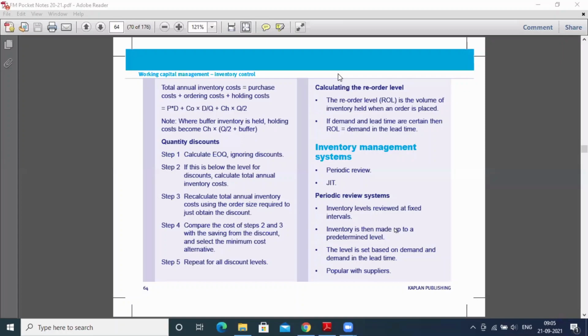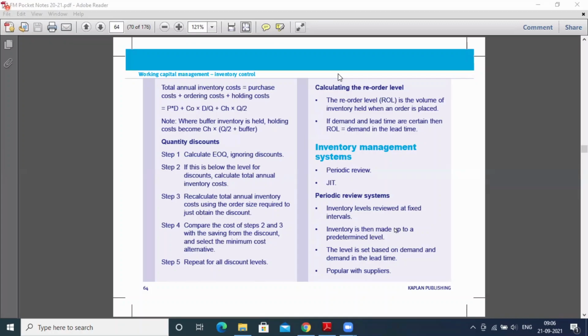In that particular situation, ignoring the discount, first we need to calculate the economic order quantity. That should be step one. And if this is below the level for discount, it means, as I mentioned, the supplier is providing the discount if you order at least 10,000 units.